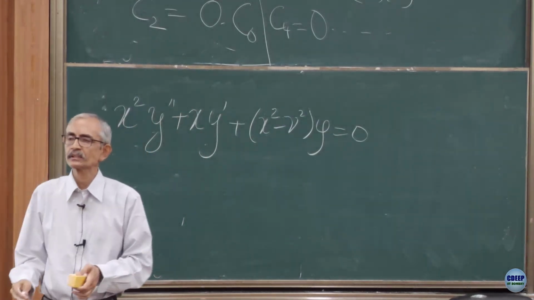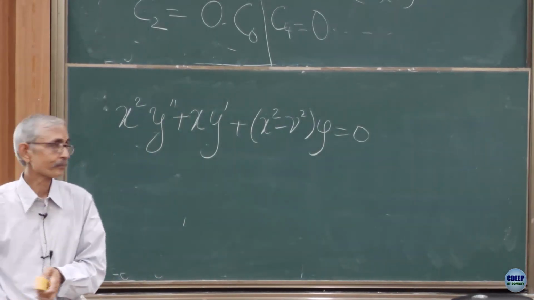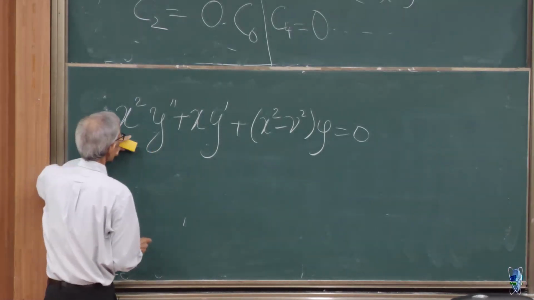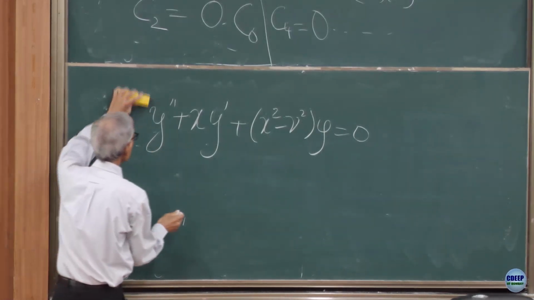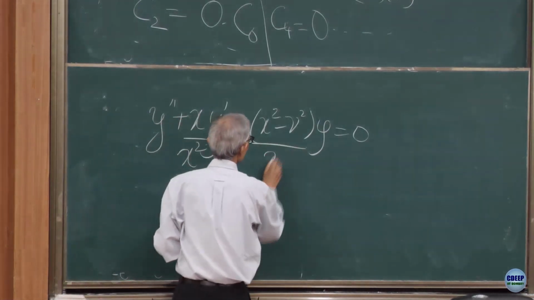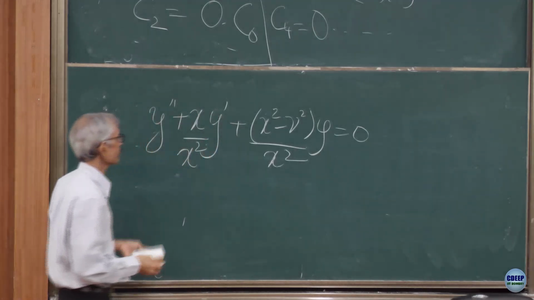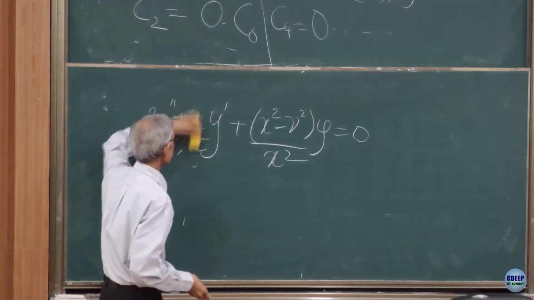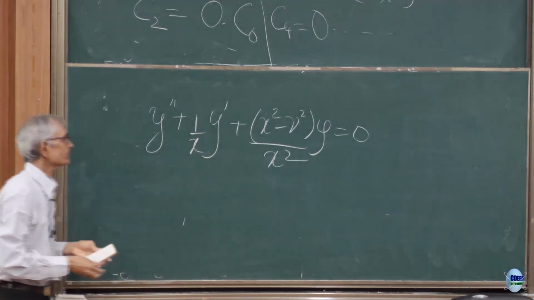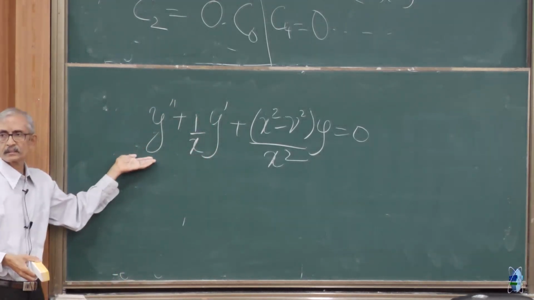This is the equation that we are starting with. Let us put it in our standard form, dividing by x square. So this is 1 by x. So there is a singularity, right?